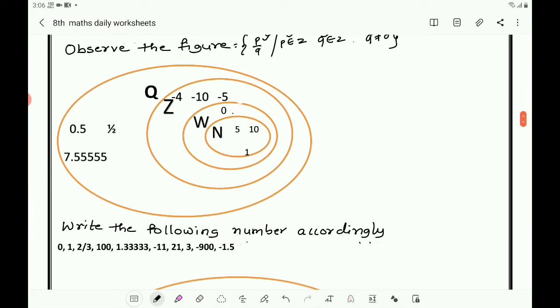If you observe these figures, if 1, you can write that in the set N, but this is a whole number and also an integer and also a rational number. Now if you want to write 0, you can write it, but it does not come in the set N. So 0 comes in the set W, and it is also in Z, it is also in Q. And 2 is there.